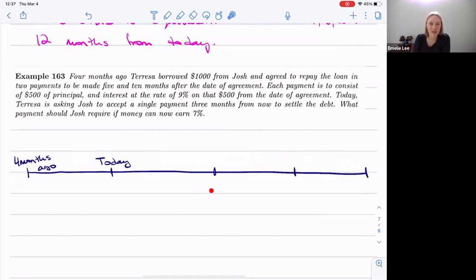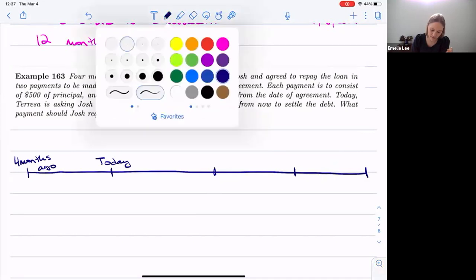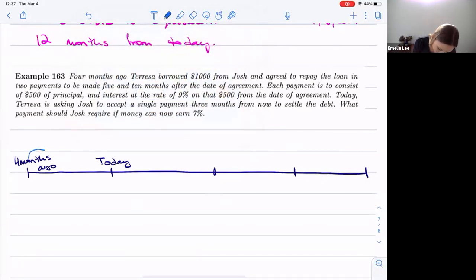I want to make sure that 3 months from now has to fit in on the timeline appropriately. So 5 and 10 months after the date of the agreement. So 5 months would be to here, right?